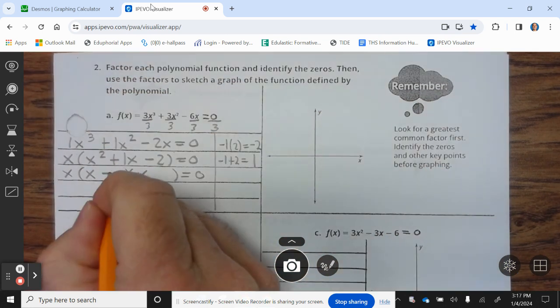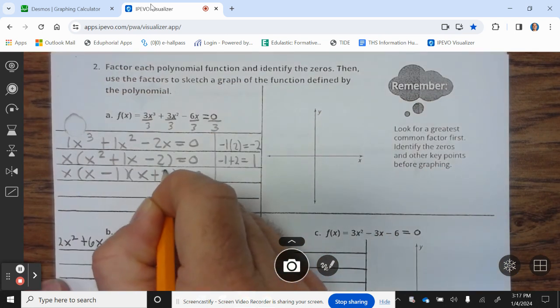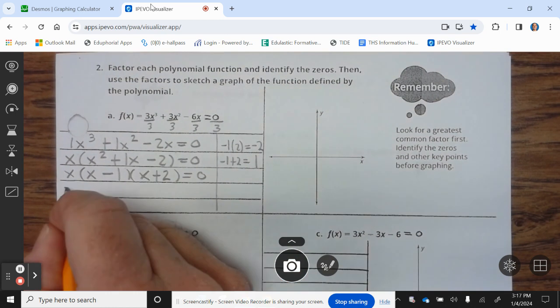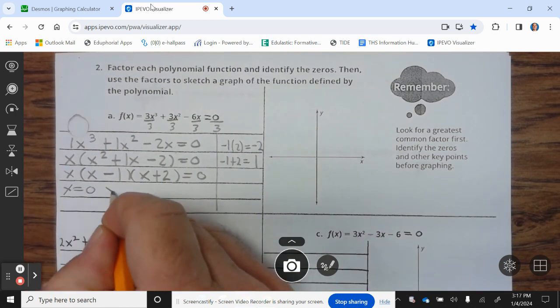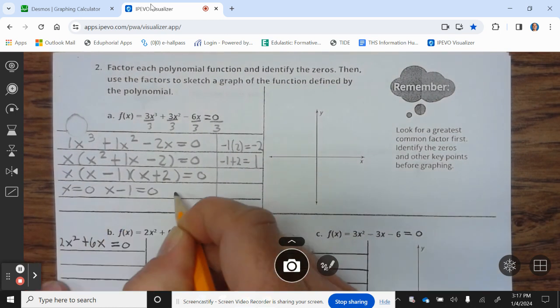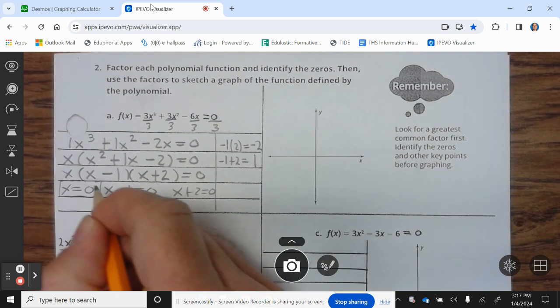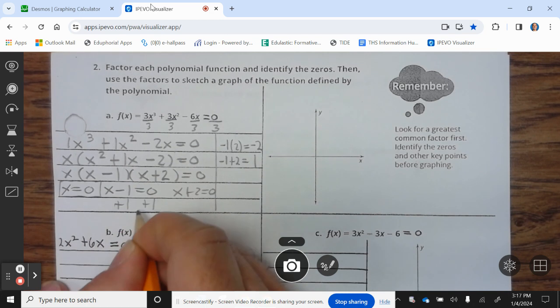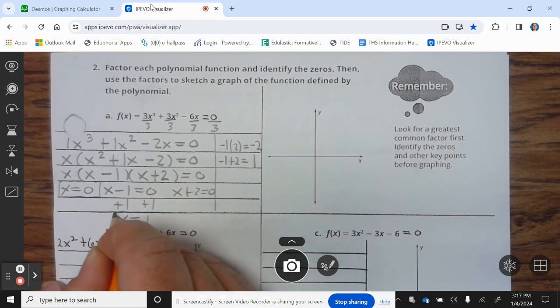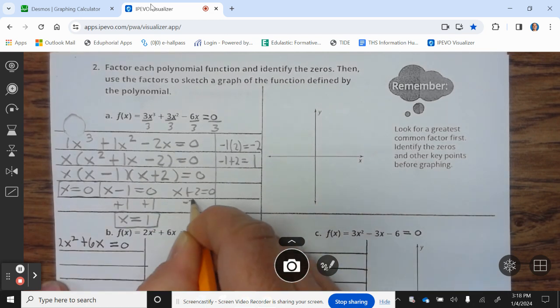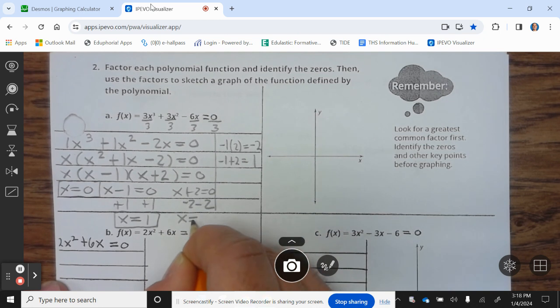So our factors are x minus 1, x plus 2. So x equals 0, x minus 1 equal to 0, x plus 2 equal to 0. So add 1 to both sides, x equals 1. Subtract 2 from both sides, x equals negative 2.